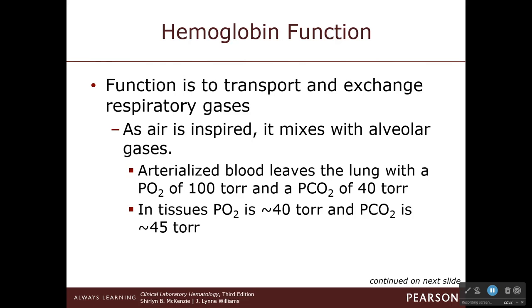So what really happens molecularly, we talked about that protoporphyrin ring earlier. The iron molecule actually sticks out from it a little bit. It's not right even with that plane.